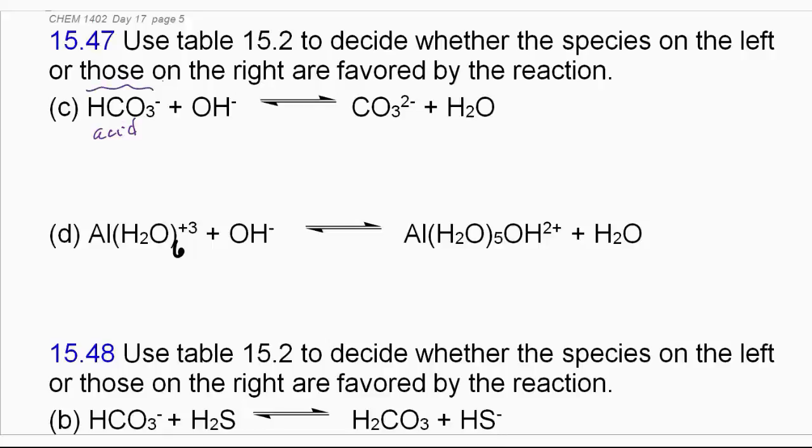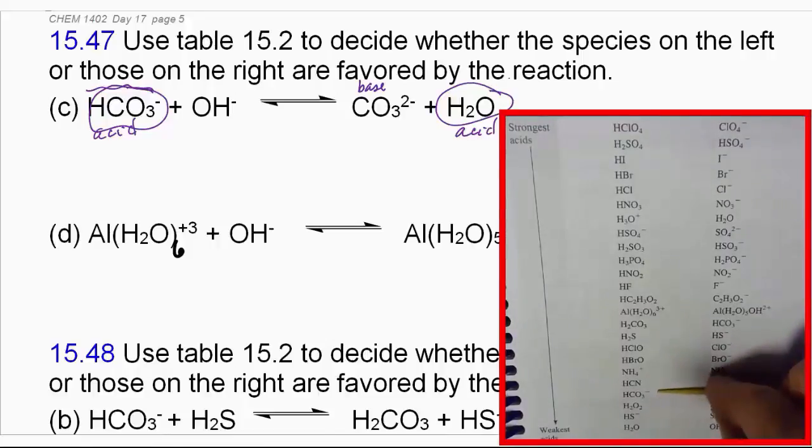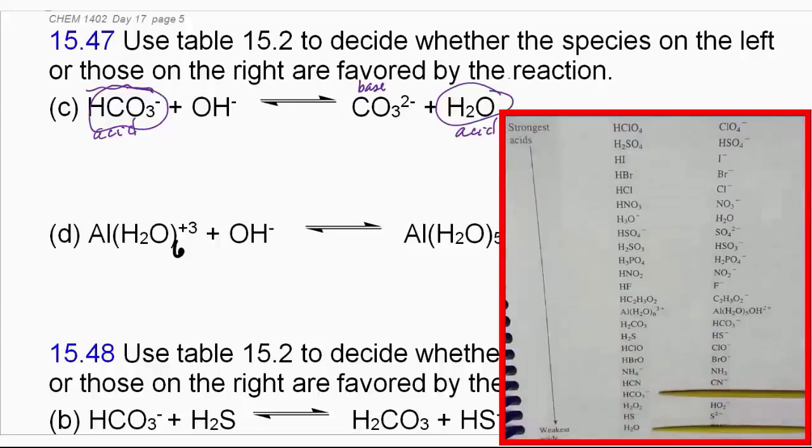If hydrogen carbonate is acting like an acid, this had to be its conjugate base. So water's acting like an acid on the product side. Let's compare these two, hydrogen carbonate and water. Hydrogen carbonate is right there. Water's at the bottom. Water's the weakest acid of them all. Always going to be going towards water.